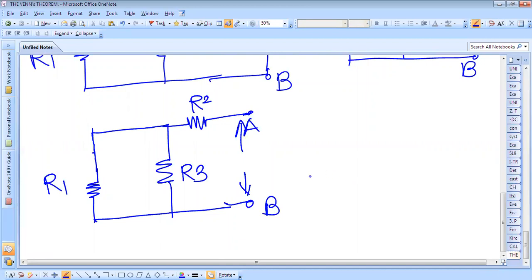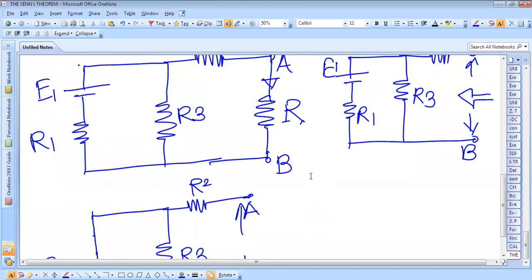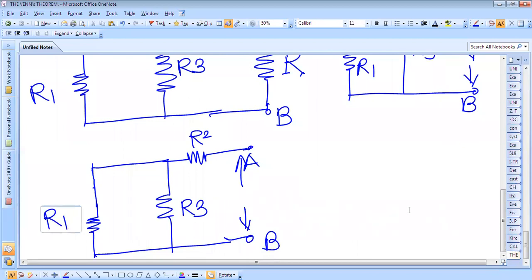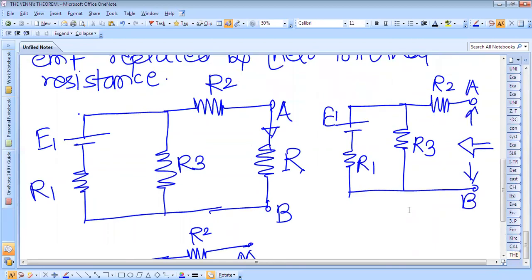Now the current flowing through this, we have to calculate. Current through R3: what is the current flowing through R3? This current we have to calculate. We will call this current I1.